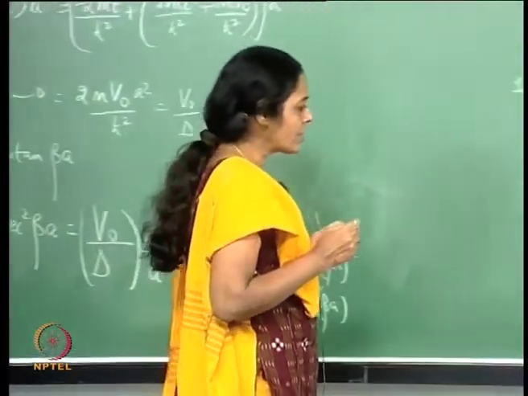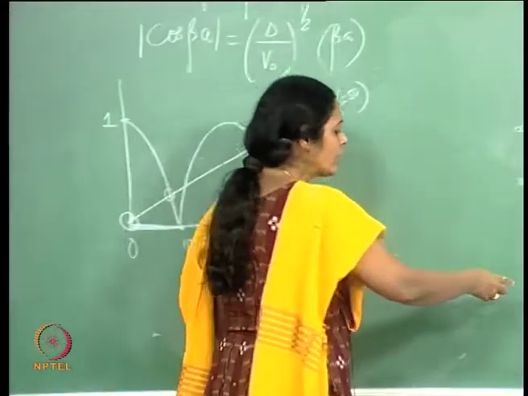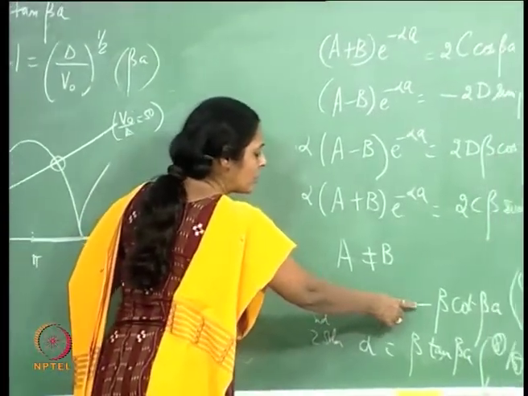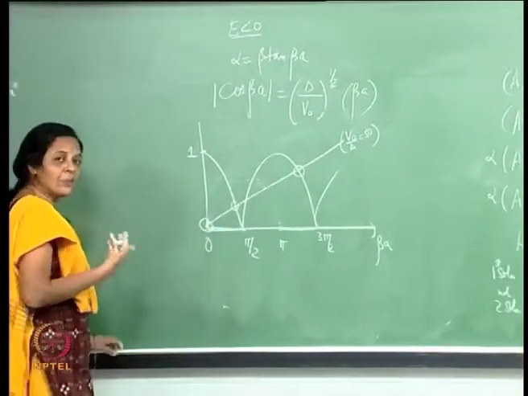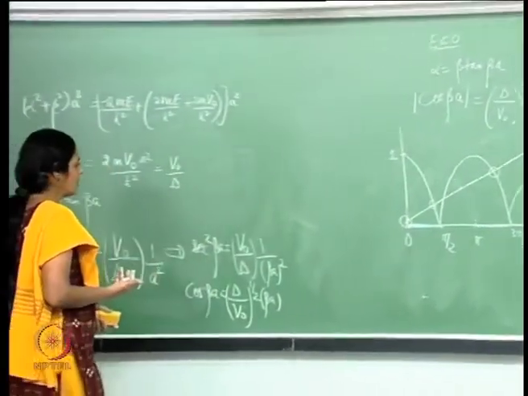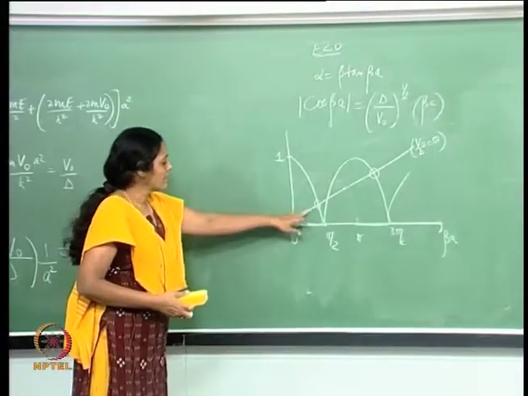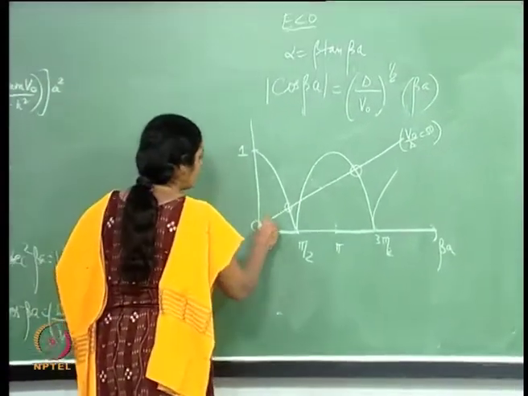Now I could have done the same thing using the first solution, alpha equals minus beta cot beta A. So you can repeat the argument. It is clear that one bound state is definitely allowed.